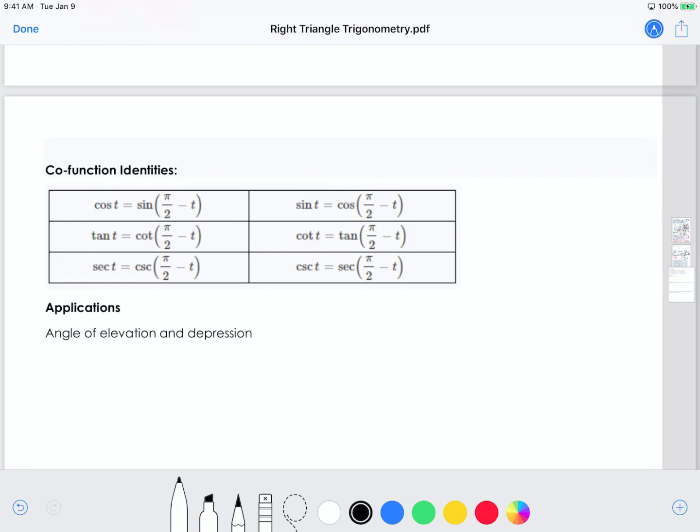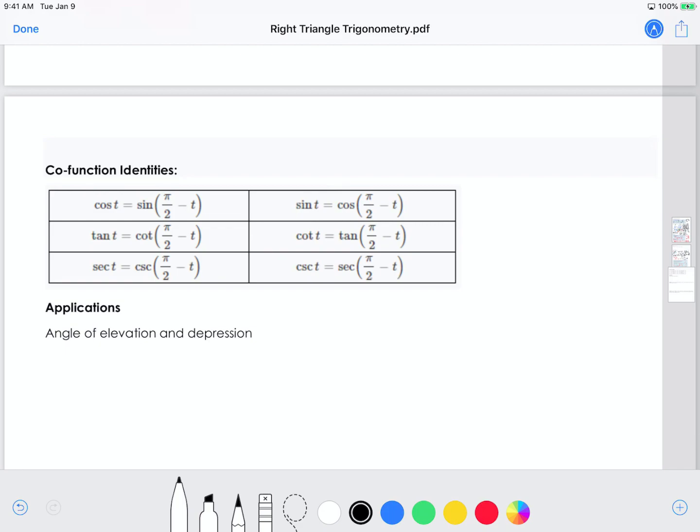And these cofunction identities tell us how they are related. These cofunction identities tell us that the value of the trig function of the angle, in this case specifically t, equals the value of the cofunction of the complement of the angle. Complementary angles are angles that add up to 90.